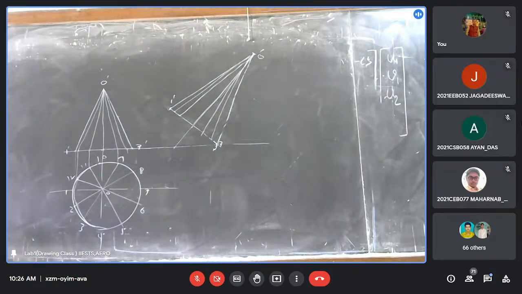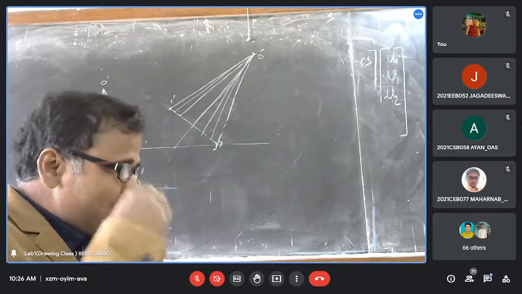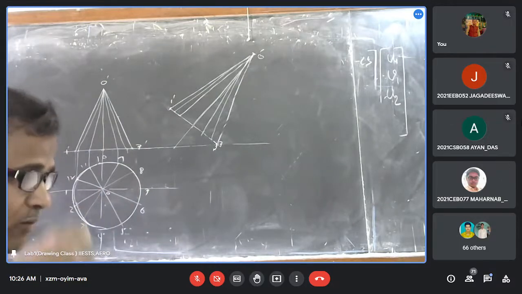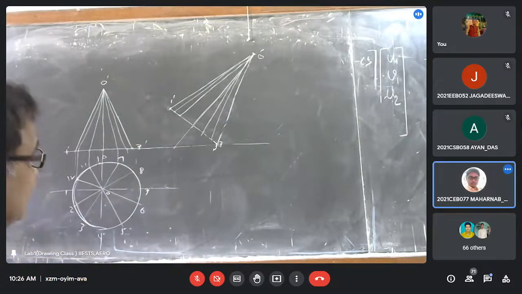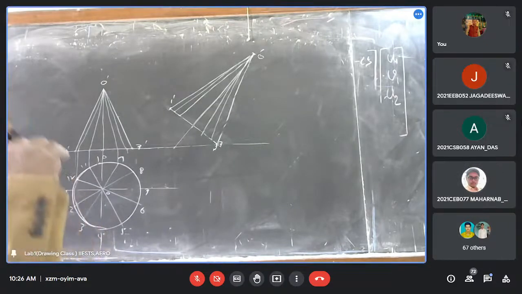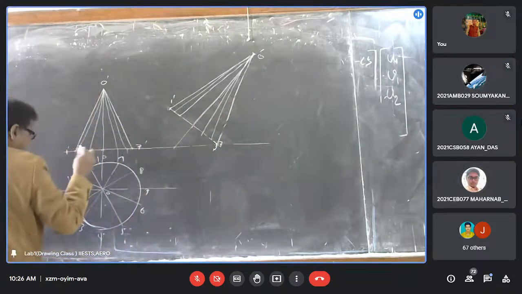Now how do we get the plane with the help of these two figures? Tell. So project perpendicular lines, and also from the circle project parallel lines. Yes. Then we got the points. Put the values here.